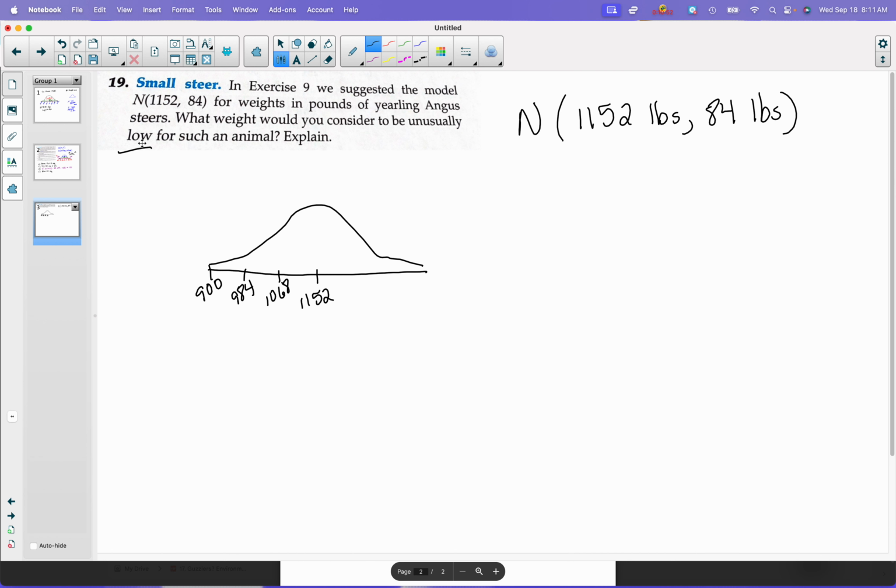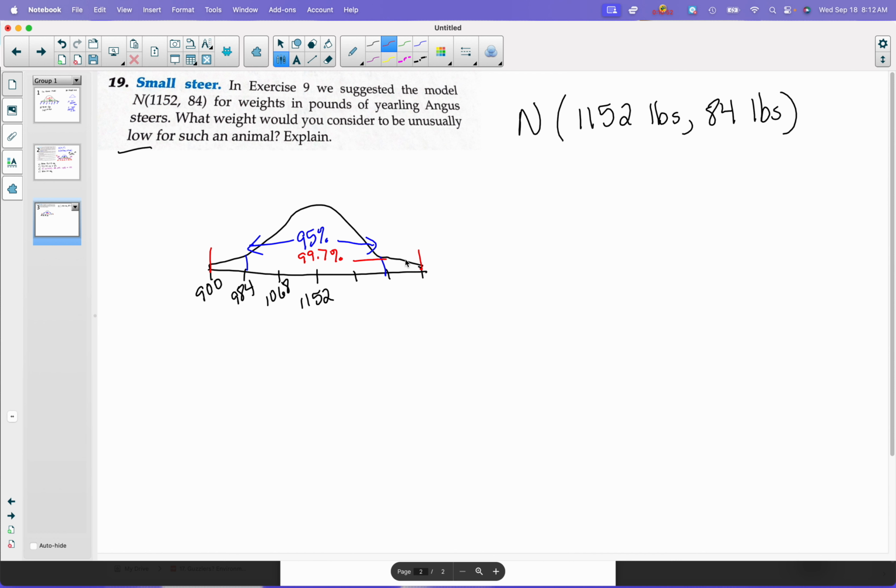Since I was only looking at unusually low, now we have to decide what you consider unusually low. I'm not going to put the numbers here, but let me mark those. Because we know that approximately 95% is in between, and within 3 standard deviations, we have approximately 99.7%.